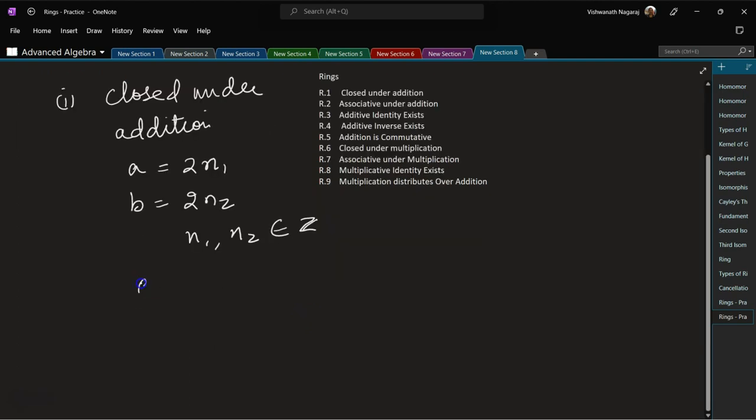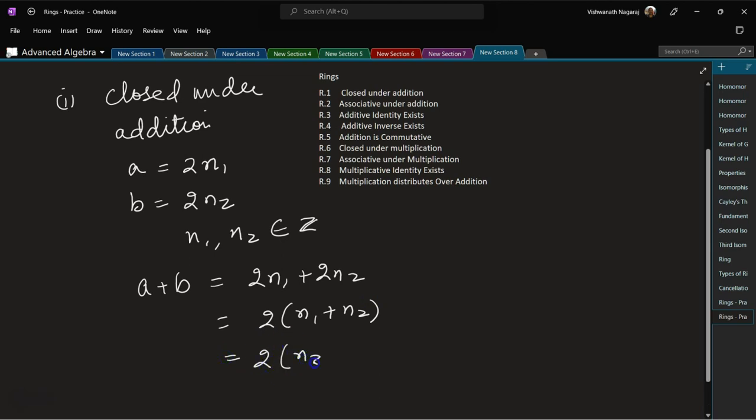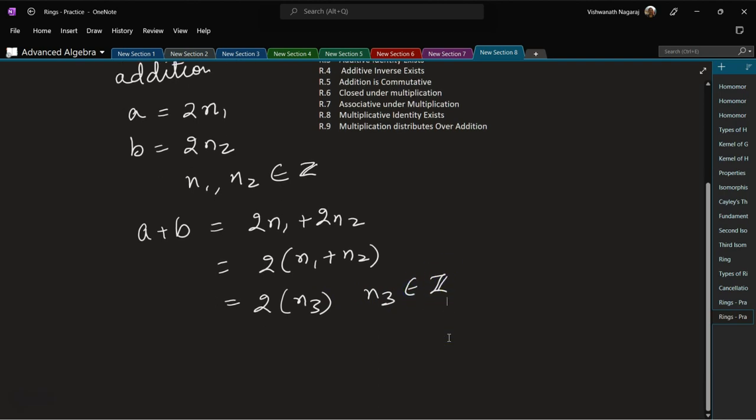And now A plus B should also belong to the ring R. So let's see, 2n1 plus 2n2, which is nothing but 2(n1 plus n2), which we can write as 2n3, and we know n3 belongs to Z. So which means it is closed under addition.